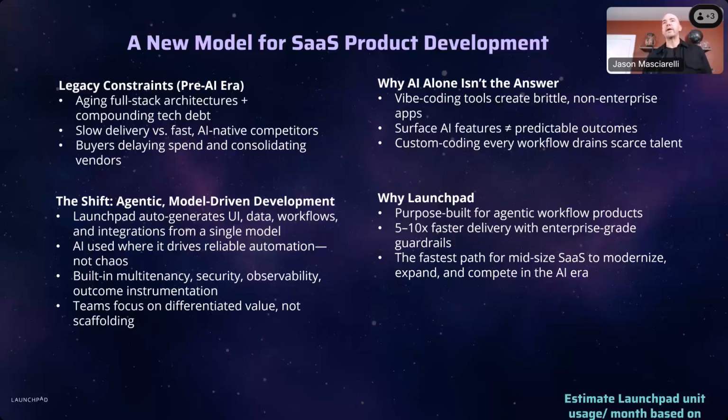Folks are also finding they're not great for generating predictable outcomes, and custom coding a lot of the things that Launchpad gives you for free, as we say, can drain scarce talent and put a drain on your engineering team.